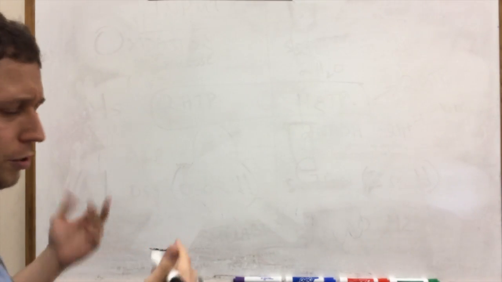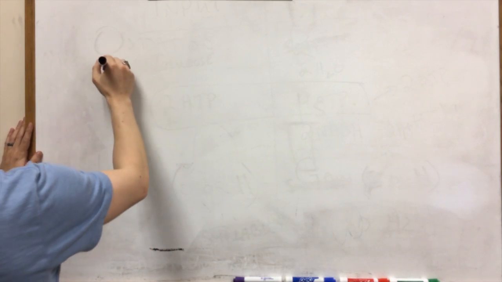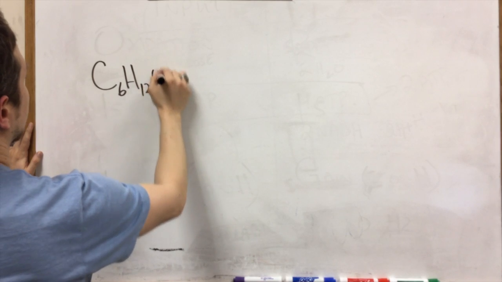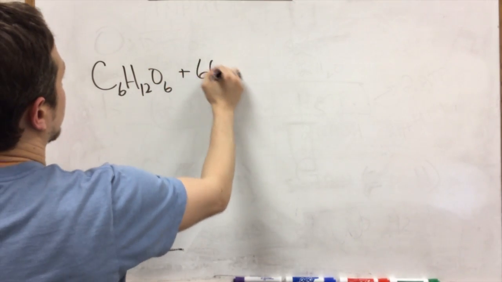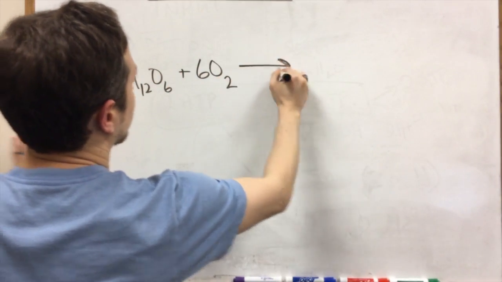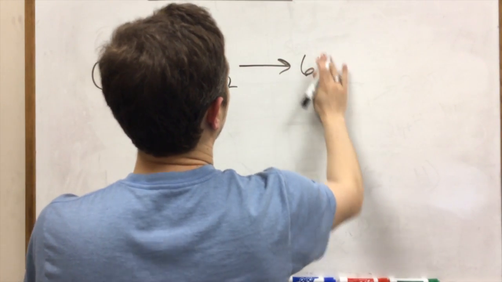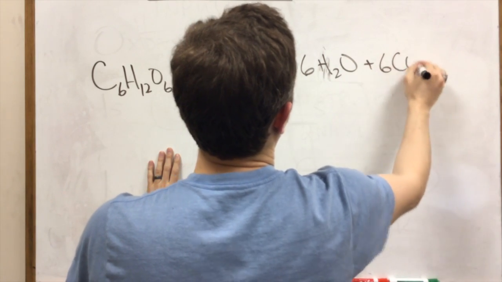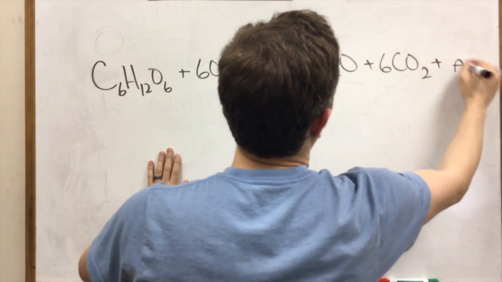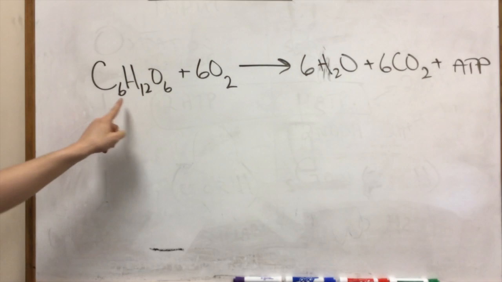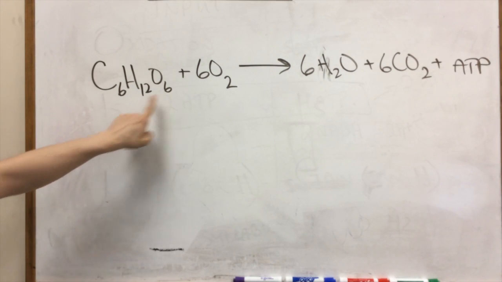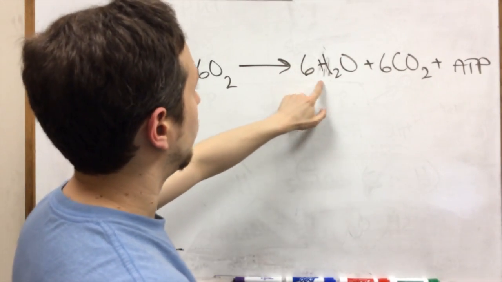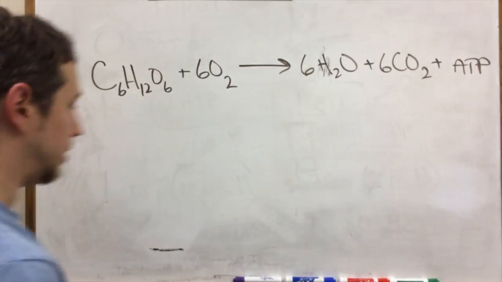Right, so we'll go ahead and just use something we've seen many, many times before. Let's use the equation for respiration. All right, so we have sugar in the form of glucose plus molecular oxygen yields water, carbon dioxide, and ATP.